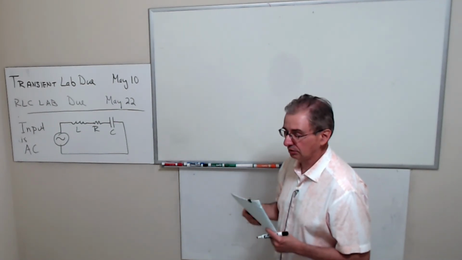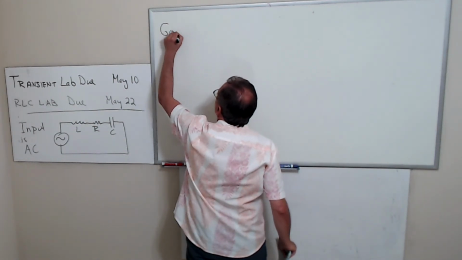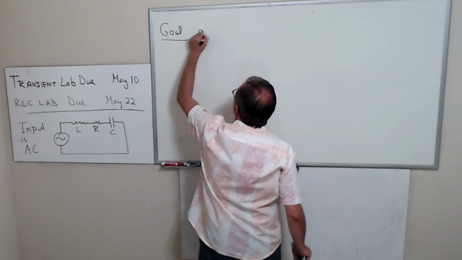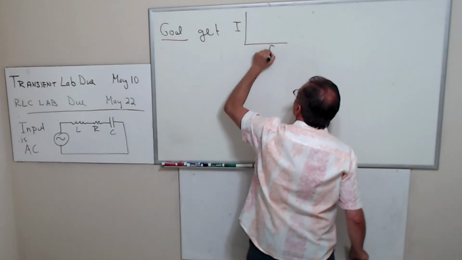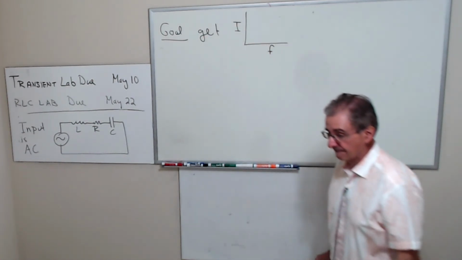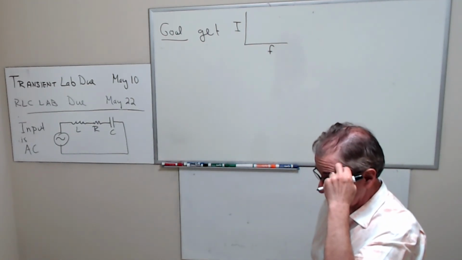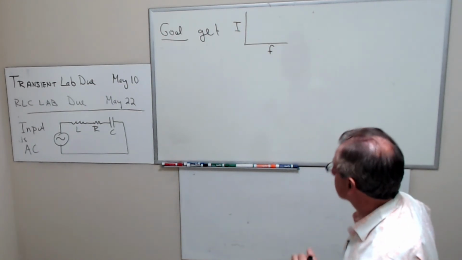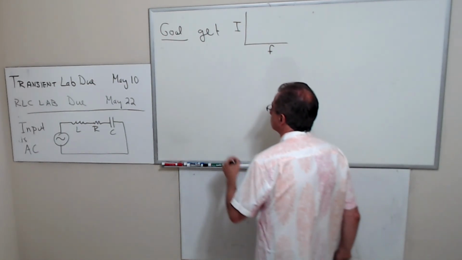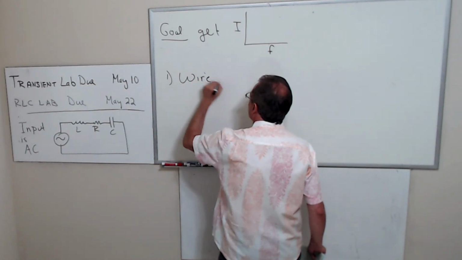Our goal is to get a graph of the current as a function of frequency for that circuit. Okay. So I'm going to write down the procedure. Wire the circuit.